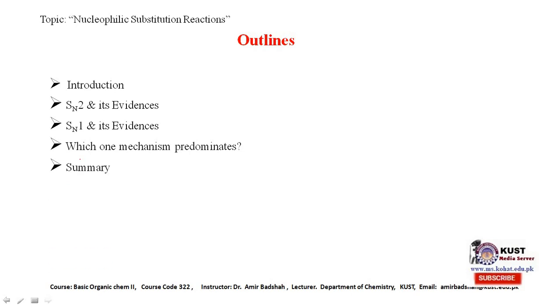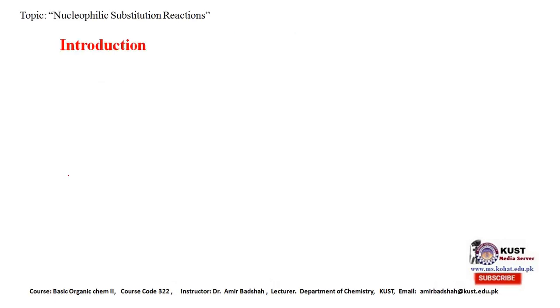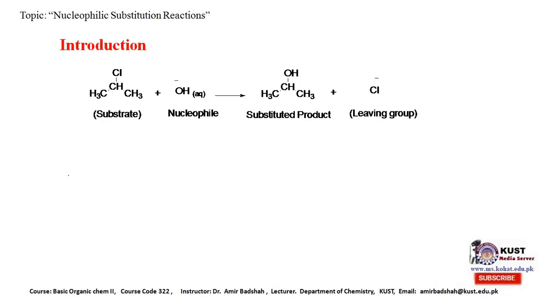At the end, we will give a summary of the whole lecture and mention some references from which we have taken this lecture. First of all, we will come to the introduction.